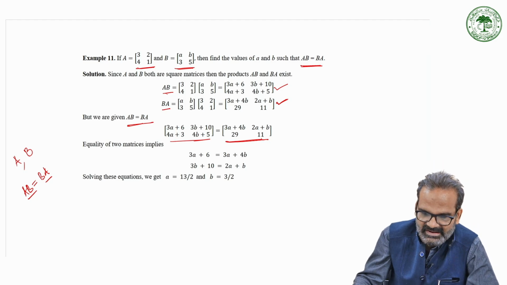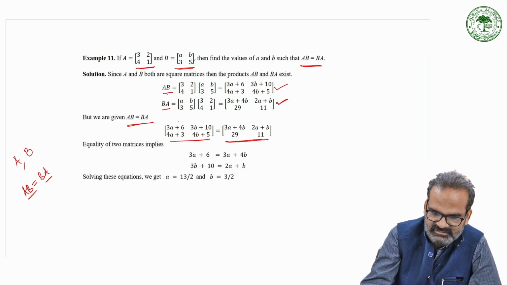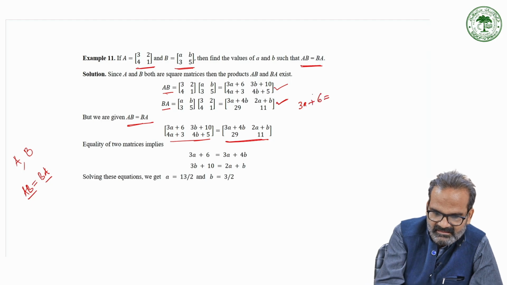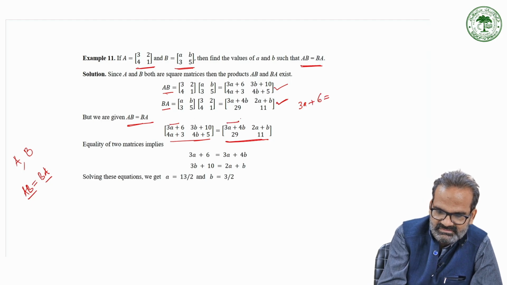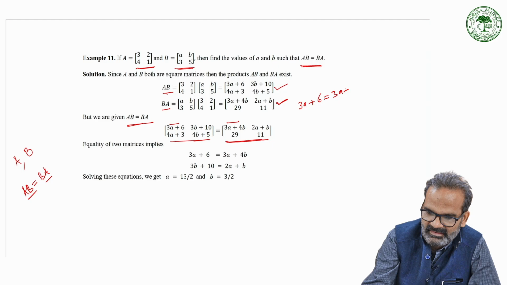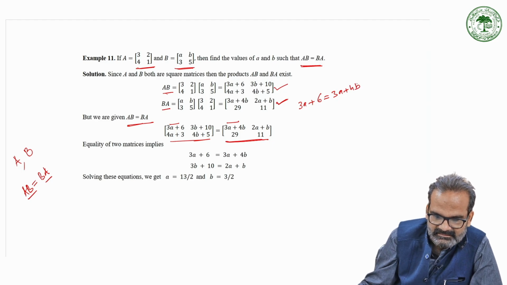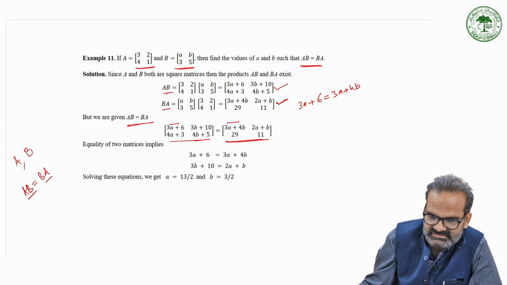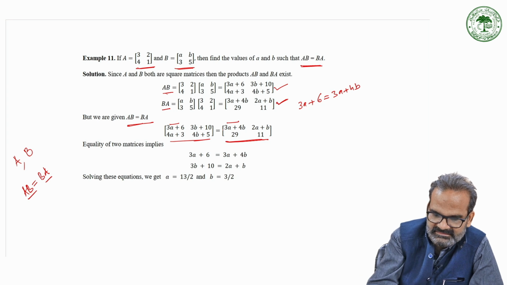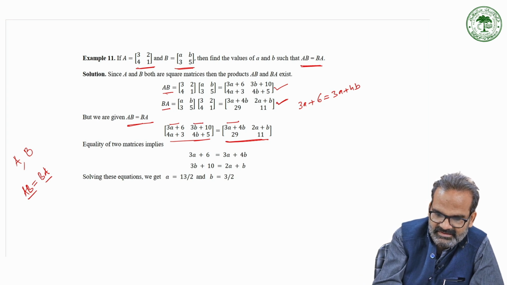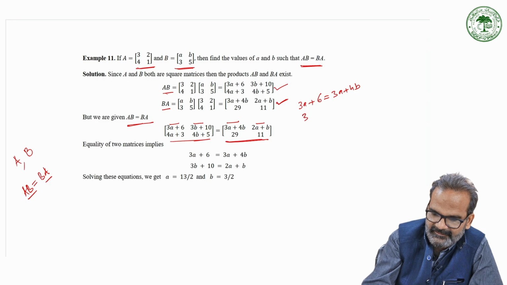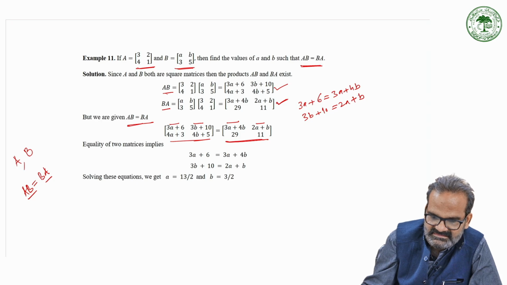So what we will get, corresponding elements means 3a plus 6 should be equals to this, that is 3a plus 4b, right? 3a plus 6 is equals to 3a plus 4b. Now second, this should be equals to this: 3b plus 10 is equals to 2a plus b, right?